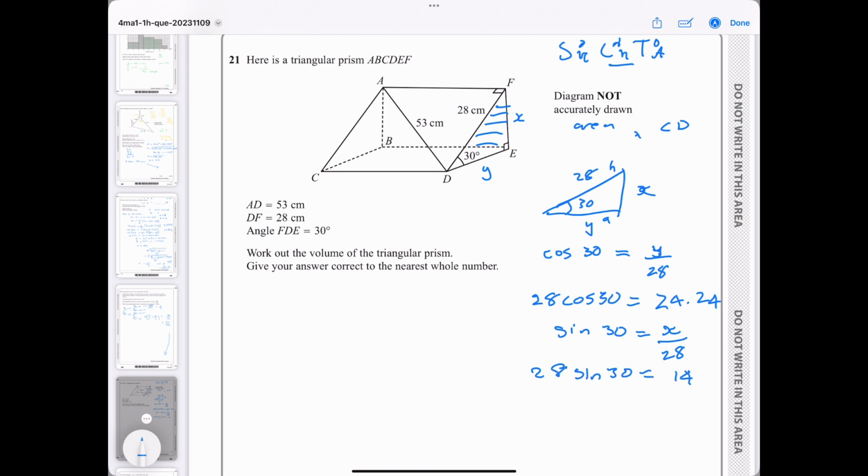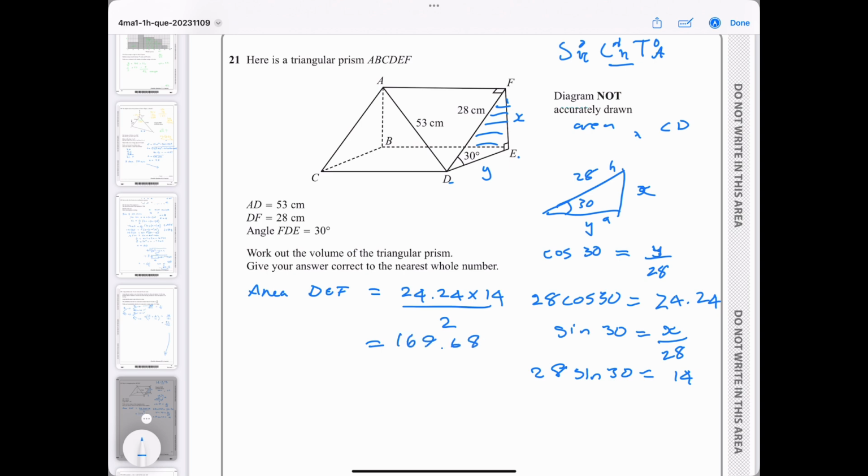So the area of DEF equals 24.24 times 14 over 2, which equals, so let's go 14 times 24.24, divided by 2, is 169.68.